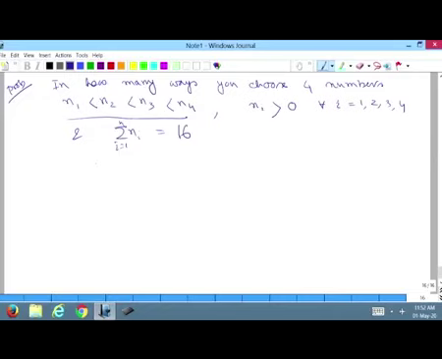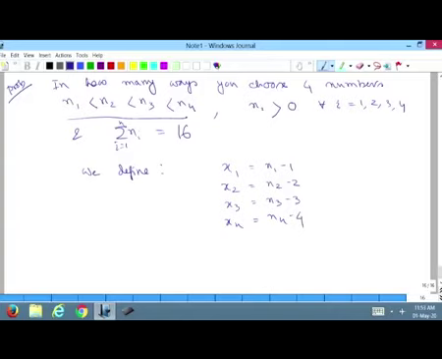So, again as before, we define x1 equal to n1 minus 1, x2 equal to n2 minus 2, x3 equal to n3 minus 3 and x4 equal to n4 minus 4.